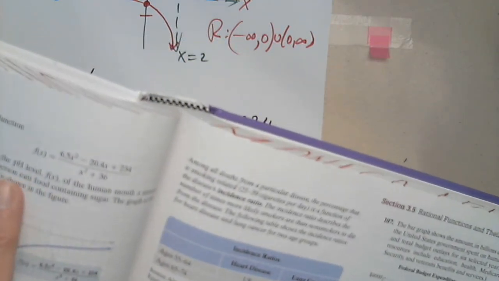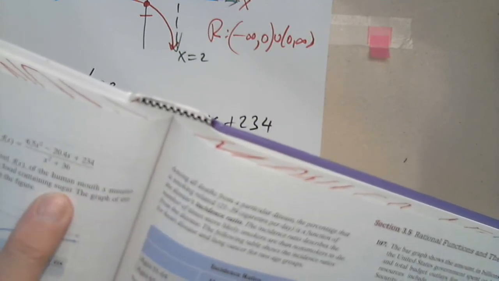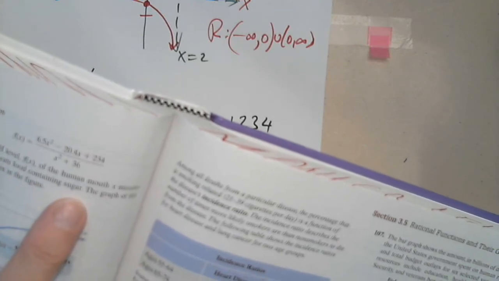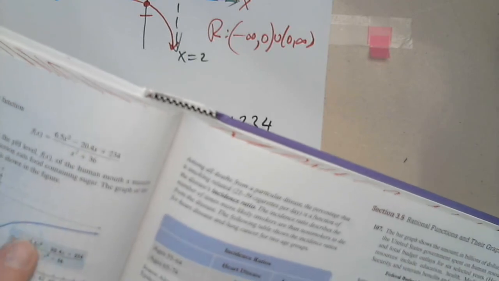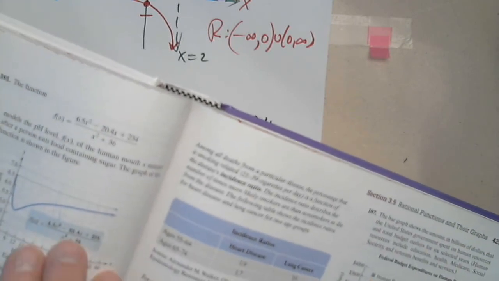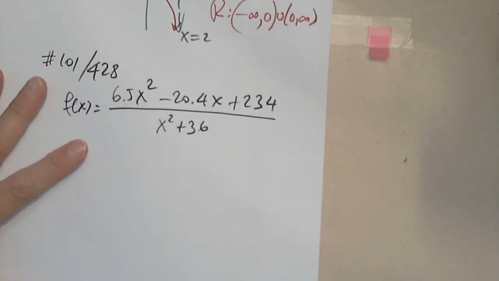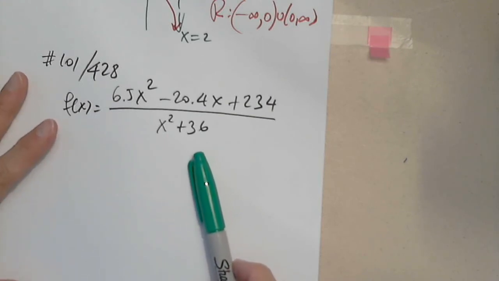Okay. So this function, they say, models the pH level of human mouth. There is no measurement unit for pH, it's just a number. X minutes after a person eats food containing sugar. The graph of this function is shown in the figure. My first question is, what type of function is it? Is it linear?